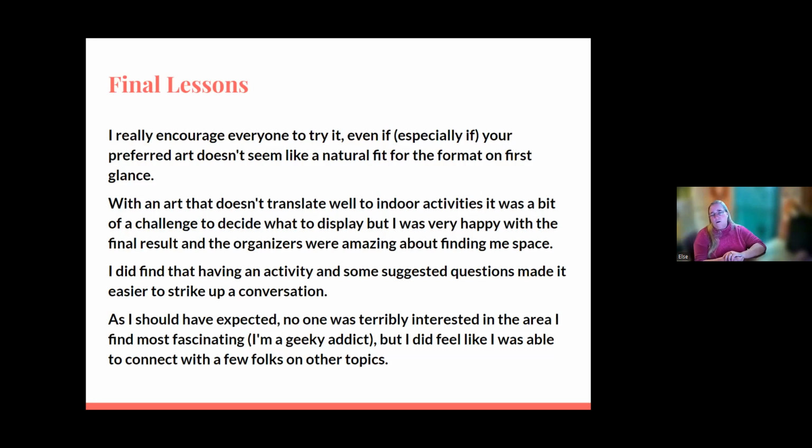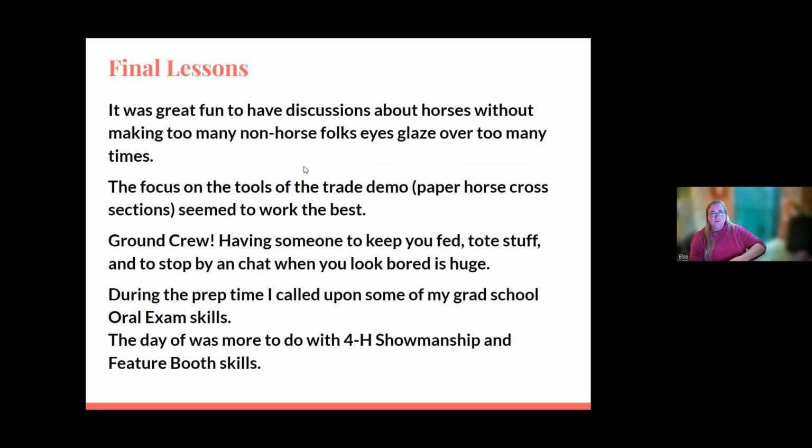For me, I go prepared with 2 to 4 lessons that I want to teach, so that as people come up, I can interact with them and start a conversation and bring them into my geeky, excited, horse addicted little world. It's actually been a lot of fun and a good way to interact with others. It is really good practice for being able to interact with others about your art.